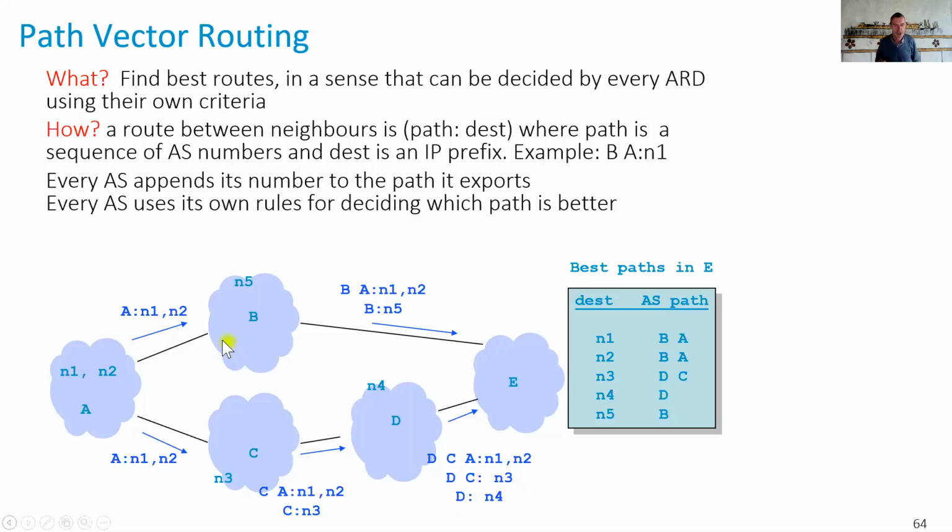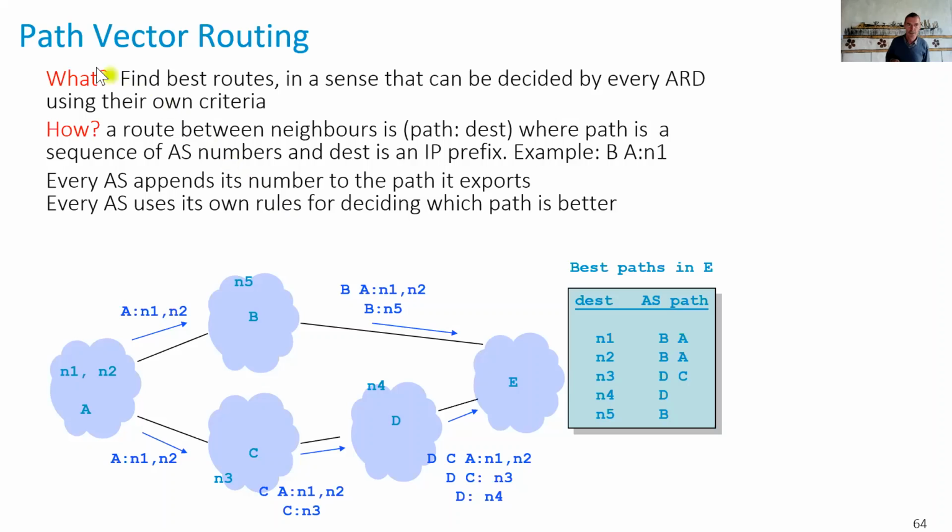If we would use shortest path routing, we would need to agree what is the cost of the link between domains, and those costs would need to make sense globally. Perhaps a Chinese cost is always between 100 and 1,000, whereas a Swiss cost is always between 1 and 10. So globally, this would not make sense. We would need to normalize the costs everywhere, and nobody is able to do that. The world is not so well organized that we can do this. So we don't use shortest path routing.